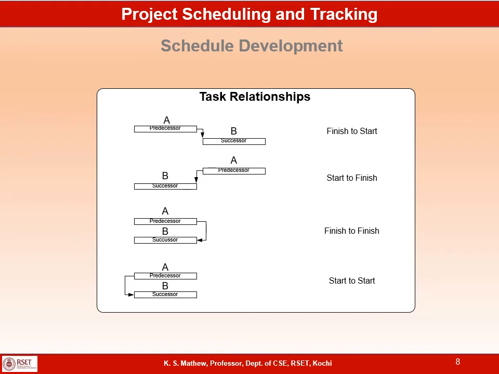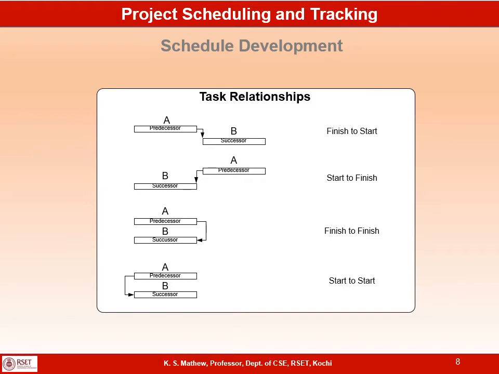The second type of relationship is start to finish. This indicates B can be completed only when A starts. So B can continue, but B will get completed only when A starts. A is the predecessor and B is the successor.